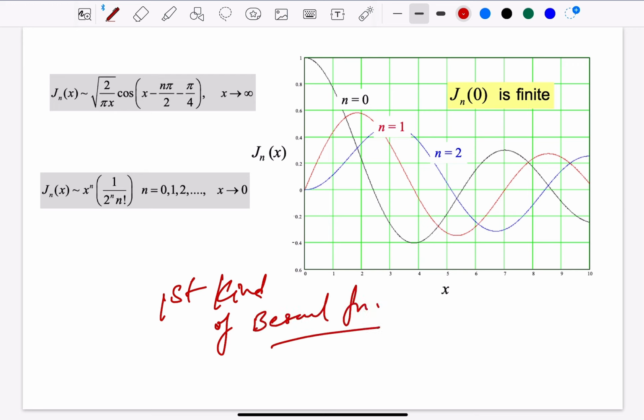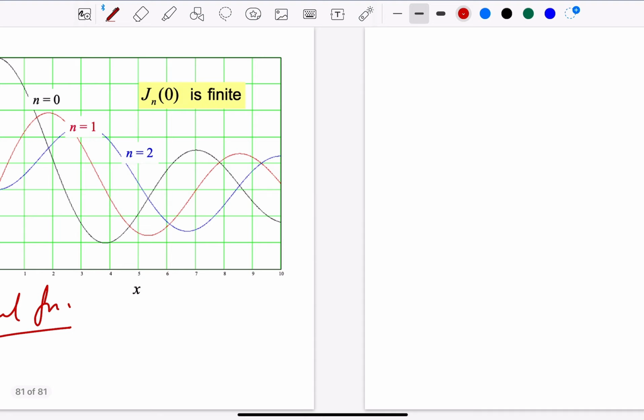Fine. Now why this is important here: mathematically we may have several solutions, but in this problem we're supposed to figure out what is acceptable. Now let us see the Bessel function of the second kind.